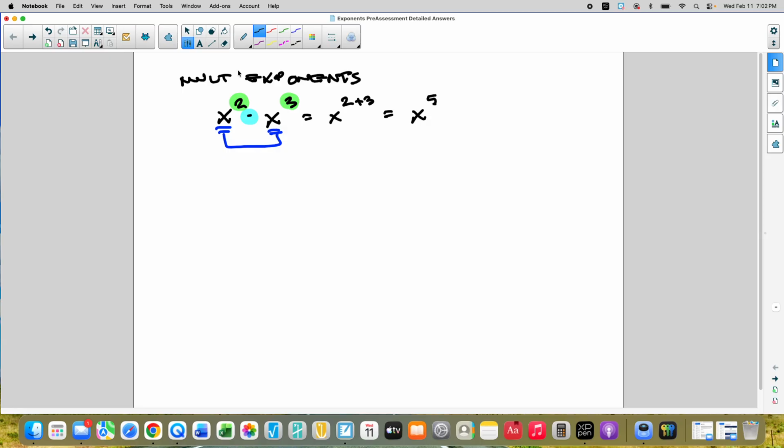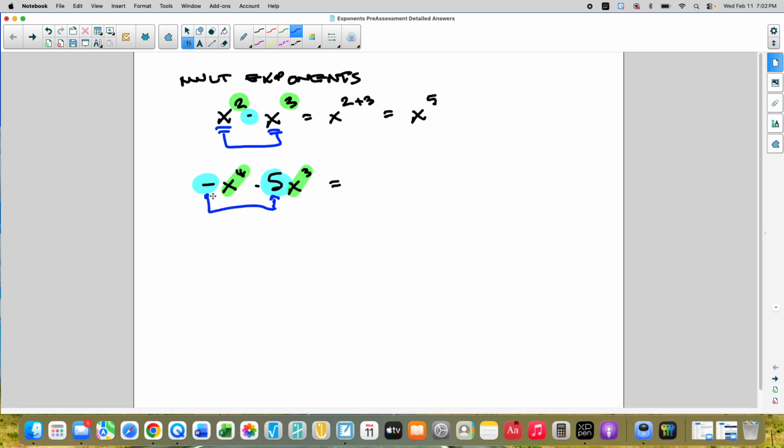Now, when multiplying exponents, you can also have coefficients, and I noticed a lot of people were struggling with this today. So you have negative x to the fourth, and let's say 5x to the third. First of all, we have to deal with their coefficients, and we're going to deal with the coefficients differently than how we're going to deal with the exponents. With coefficients, we're multiplying.